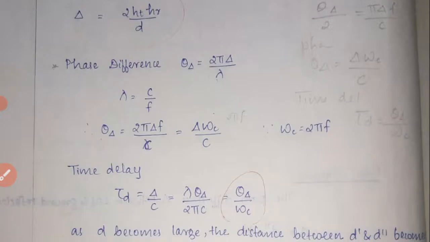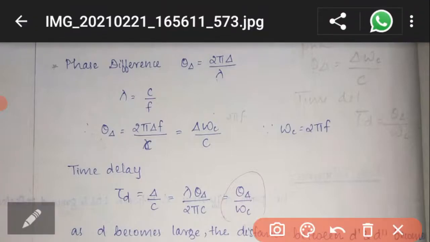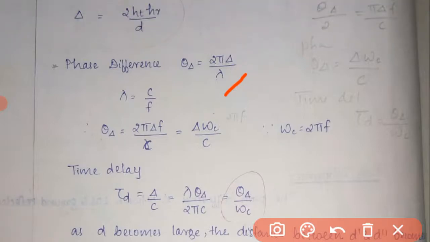Next, the time delay tau d. Time delay tau d is equal to del by c, so that is equal to lambda into theta del by 2 pi c. If you consider the phase difference equation and find the value of del, it is equal to lambda into theta del by 2 pi.